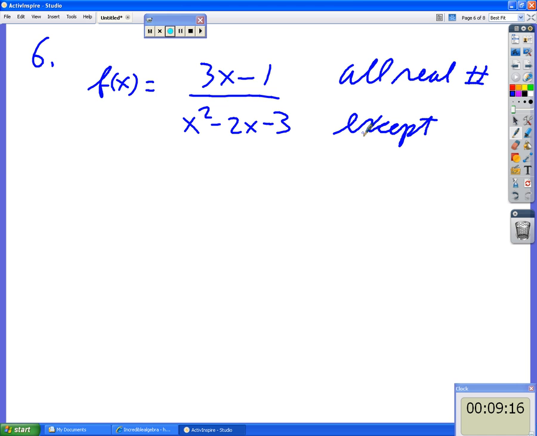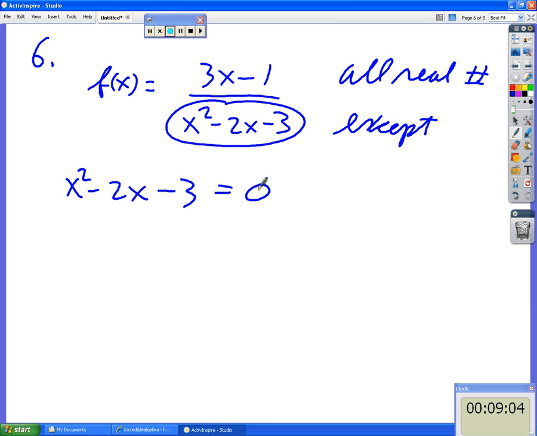Here's how you find the exceptions. Take the denominator only and write it down, x squared minus 2x minus 3, and make it equal to 0. The denominator of a fraction cannot be 0. So my exception is, when is the denominator 0? Those numbers don't work. So what I do is I take the trinomial, this one, and I factor it.